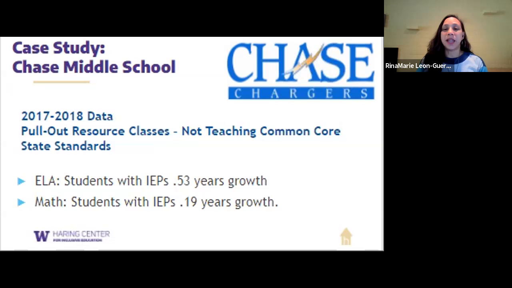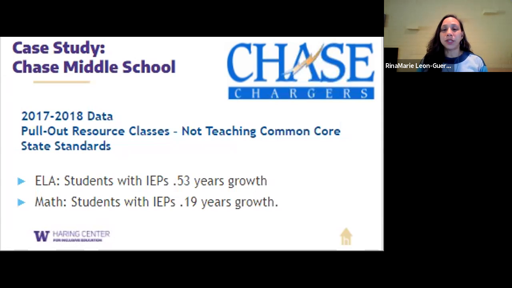Chase Middle School analyzed data from their 2017 to 2018 school year, which showed that pull-out resource classes, which were not teaching students with disabilities Common Core standards, resulted in students not making marked growth. In English language arts, students receiving IEP services made 0.53 years of growth in 1 year.